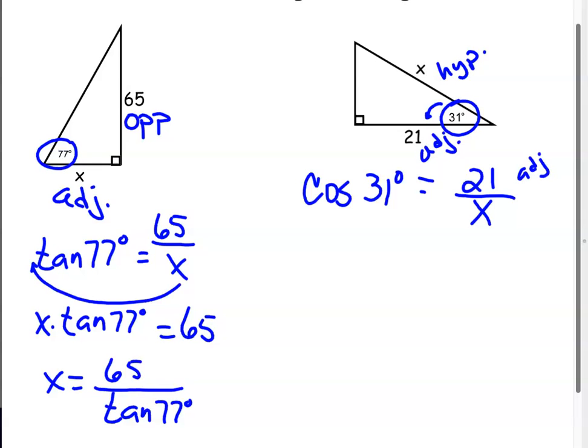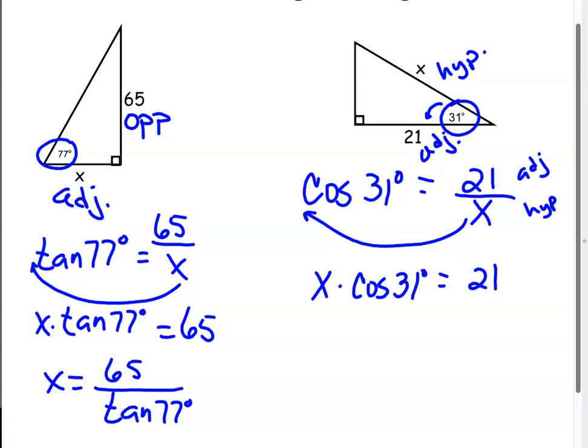Adjacent divided by hypotenuse. Same as the previous example, we're going to have to multiply x over to this side. And then we can divide that cosine 31 to the other side.